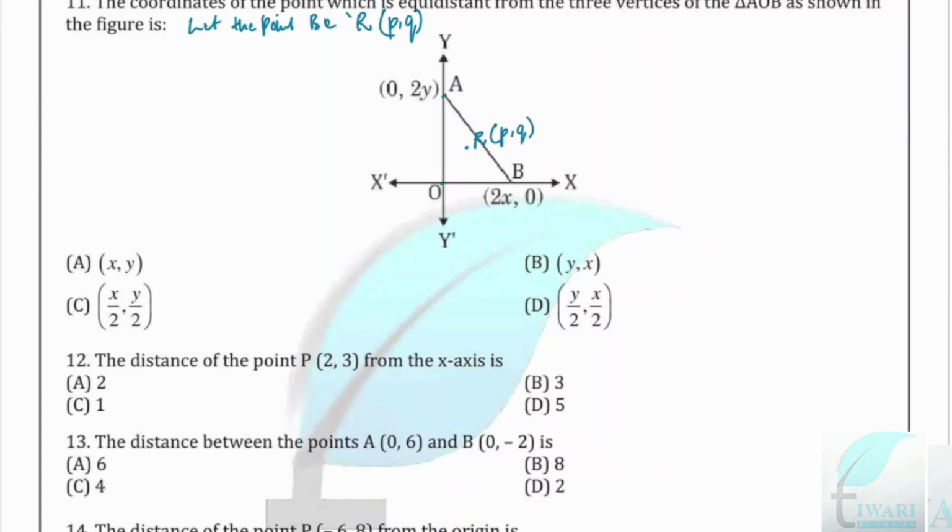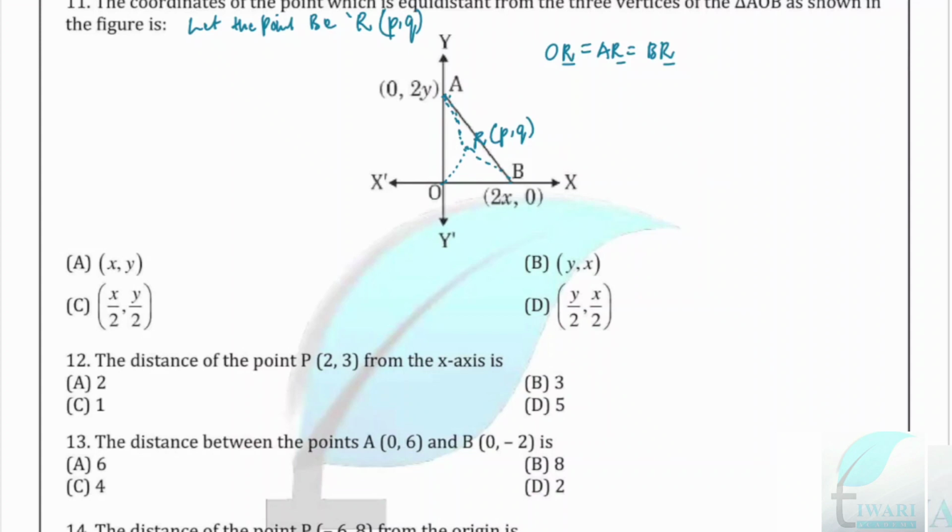So using distance formula, it is already given that OR, AR and RB are equal. That means OR is equals to AR is equals to BR, because all the three vertices are equidistant from the point R.